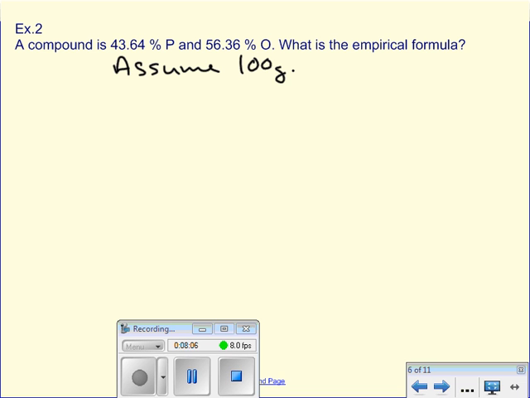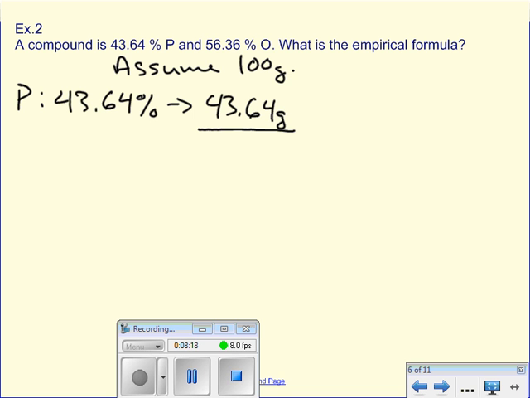First thing, for phosphorus, I have 43.64%, becomes 43.64 grams. I'm going to divide that by phosphorus, which is 31 grams per mole. And that's going to give me 1.408 moles.